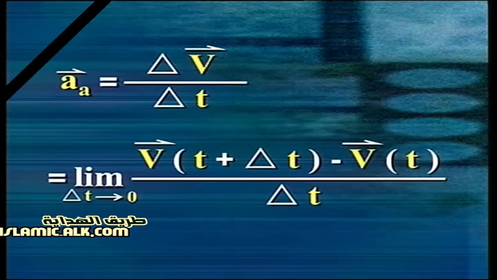What is delta v? The change of velocity. What is delta t? The change of time. Then acceleration equals the limit as delta t tends to 0 of v(t plus delta t) minus v(t), over delta t.